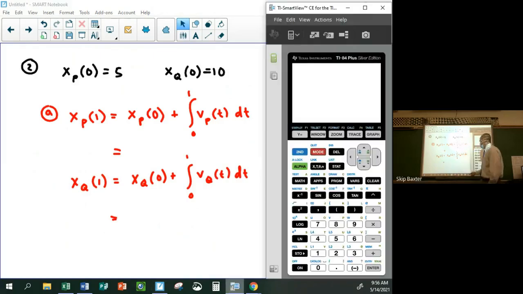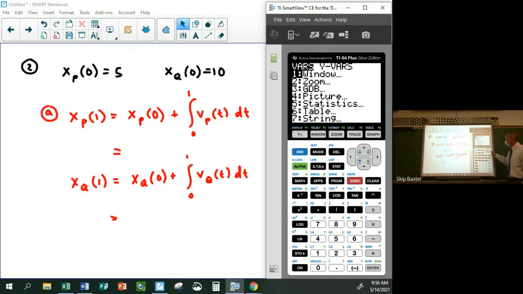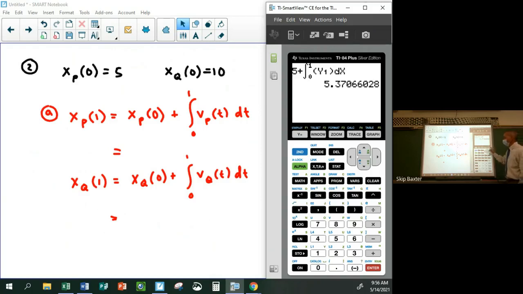So for the first one, you can do this really quickly. The first one is just going to be 5 plus the integral from 0 to 1 of function 1 dx. Done. 5.371.